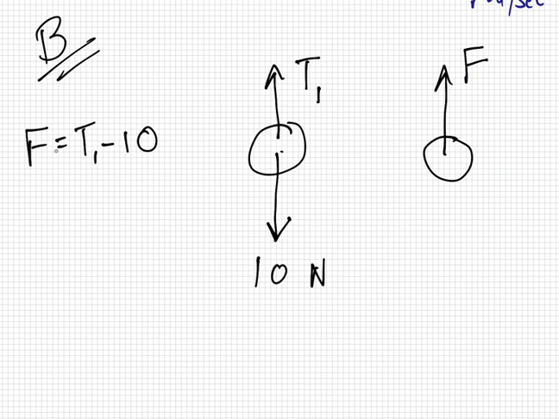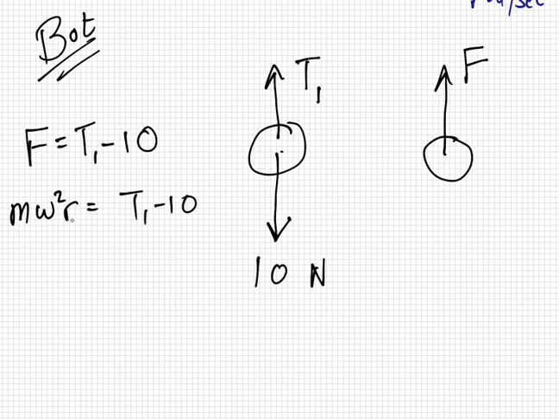So for this formula for F, you have two formulas for circular force. Which one should I use? M omega squared. So M omega squared equals T1 minus 10. What's the M? 1.